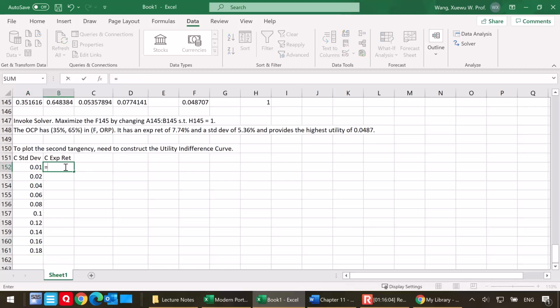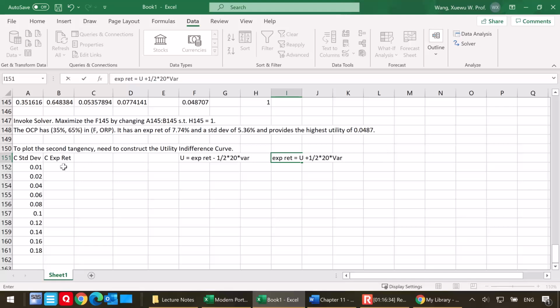The expected return would be equal to, remember, the utility function is expected return minus a half times 20 times the variance of the complete portfolio. From this, I can say expected return should be equal to the utility score plus a half times 20 times the variance.